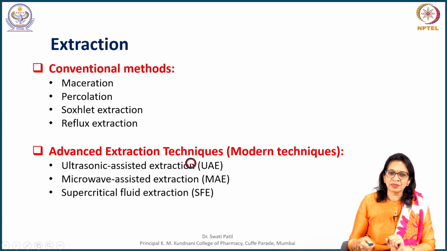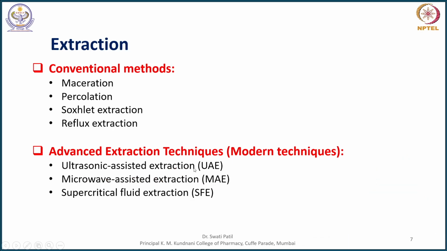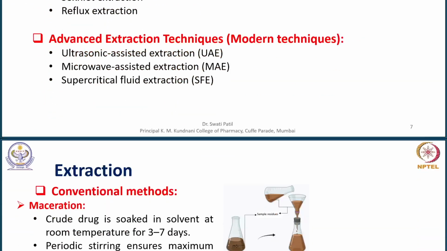The advanced extraction methods use ultrasonic assisted extraction, microwave assisted extraction and supercritical fluid extraction. Ultrasonic assisted extraction uses ultrasonic waves, and microwave assisted extraction uses microwaves to enhance the penetration of solvent into the cell matrix.